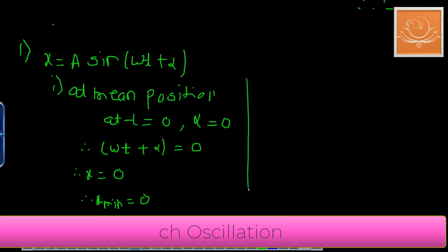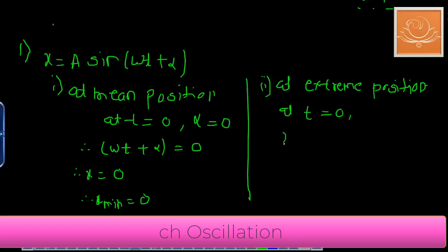Okay. And now for extreme position, when the particle goes to extreme position at t equal to 0, x equal to plus or minus a, because t equal to 0 and alpha equal to pi by 2 or 3 pi by 2.